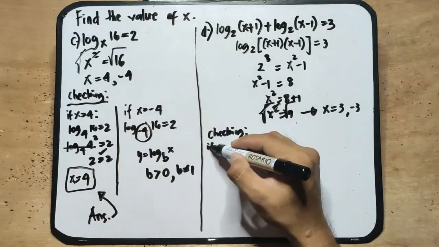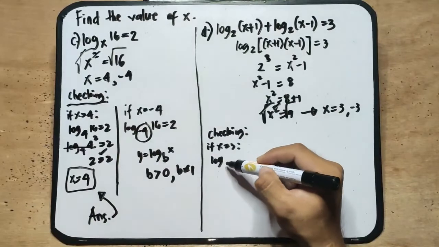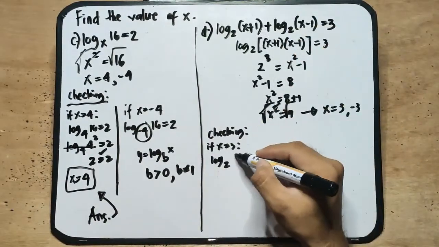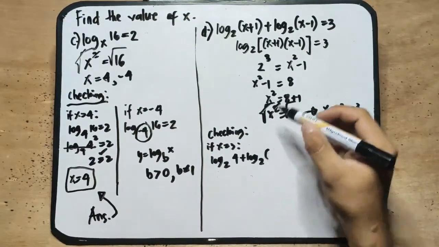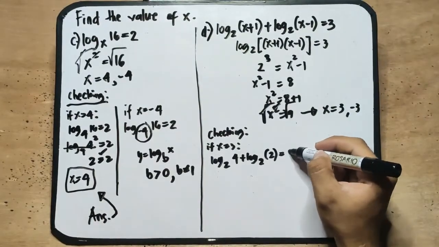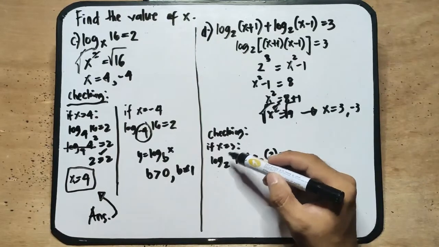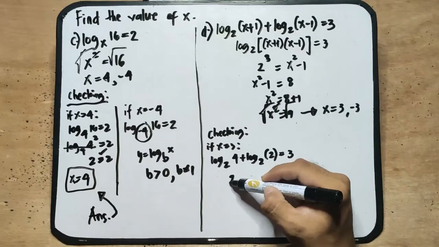If x is equal to 3, then we have log base 2 of x plus 1, we have 3 plus 1 is 4, plus log base 2, we have 3 minus 1 is 2, is equal to 3. So alam natin na si 4, it can be written as 2 squared. So log base 2 of 2 squared is 2.